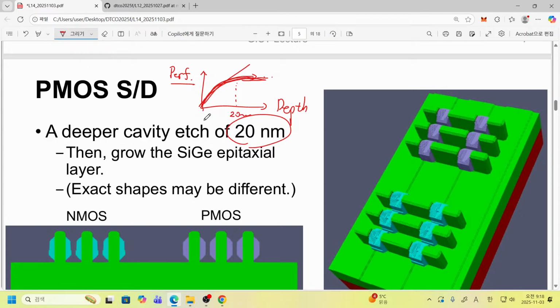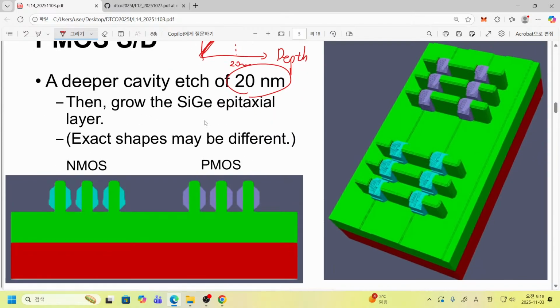That's the reason why I took this value. But please do not take this 20 nanometers as the definite number. In many cases, people eliminate the entire fin, especially for P MOSFET.